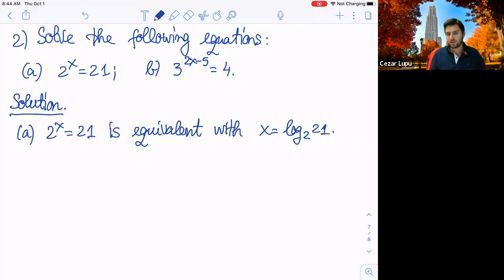So this exponential equation, don't be surprised if you write the solution in terms of logarithms. The same story will go for the second one. Well, here, unfortunately, we cannot write 4 as 3 to some power. There is no way we can do it.